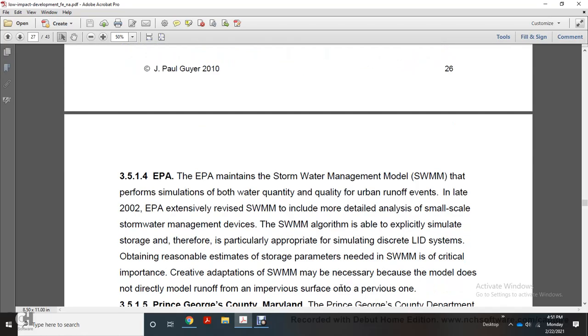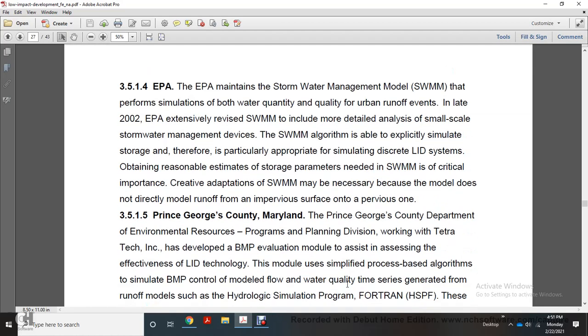Setting a reasonable estimate of the storage parameters in the model is critical, and creative adaptation of the model may be necessary because the model depends on routing runoff from the impervious source onto the pervious one.